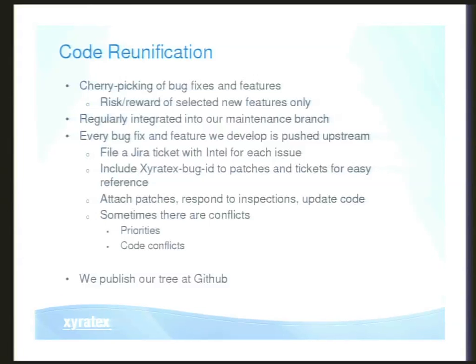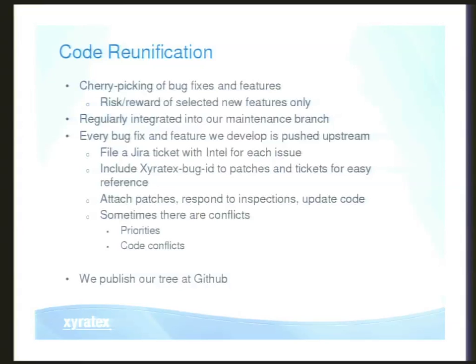Our engineers then spend the effort to attach the patches, address inspection requests and questions, update the code, and get these patches landed, even though they're already in our releases. This is purely to keep the upstream code as stable and as featureful as possible.